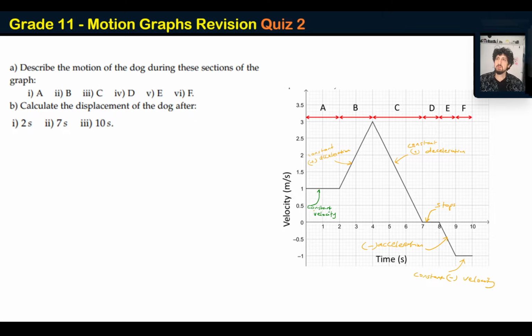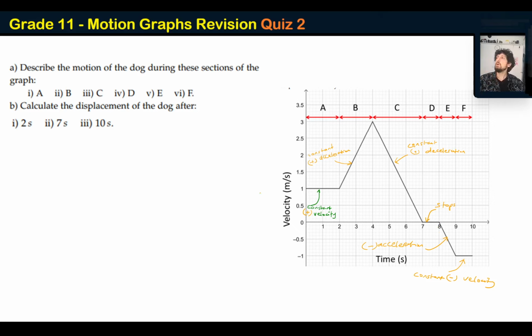I suppose I should label this as constant negative velocity. Okay, so that's what's happening. First the dog is moving at constant velocity, then they speed up, then they slow down until they get to 0 and stop. Then they start speeding up backwards. They go backwards and speed up. Then they stop.